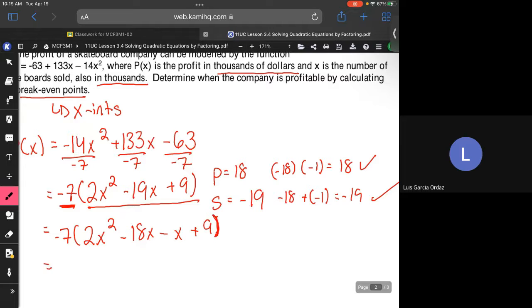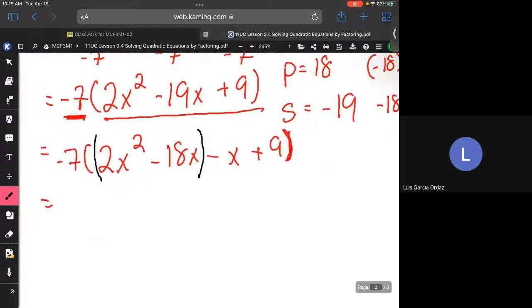So remember, we're going to look at two of them at a time. The first one we're going to look at is 2x squared and -18x. What is my greatest common factor between those two? 2x. So if I divide everything by 2x, what's left over in that bracket?